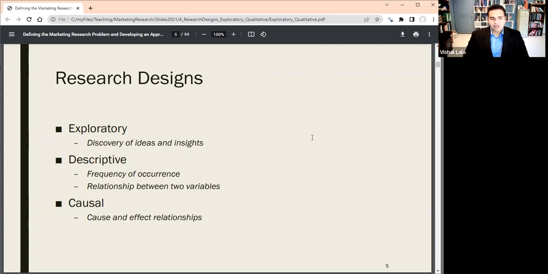A causal research design is used when the problem is very clearly defined. Specifically, when one is looking for a cause and effect relationship, a causal research design is called for. Imagine a researcher is interested in figuring out which of 3 ads to use in a Google search ad.